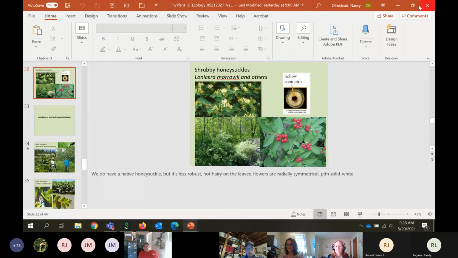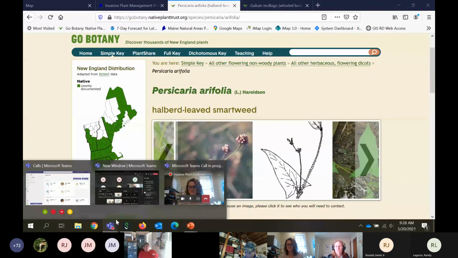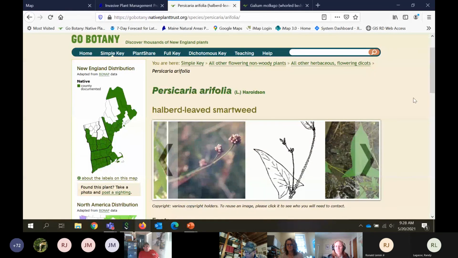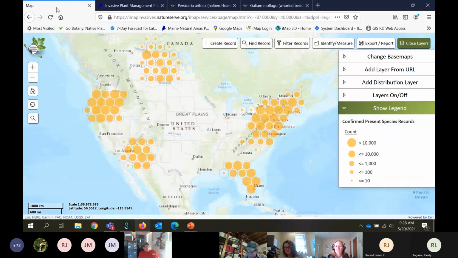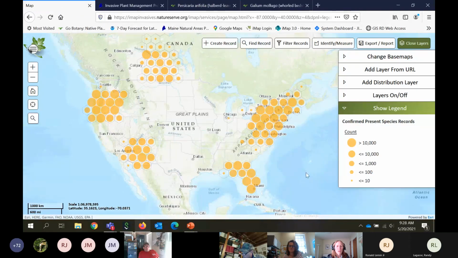Other questions? While we're in the vein of thinking about how to look for plants and see what their distribution is, again, Go Botany is a great resource. The iMapInvasives website for invasive plants actually sometimes has more information.